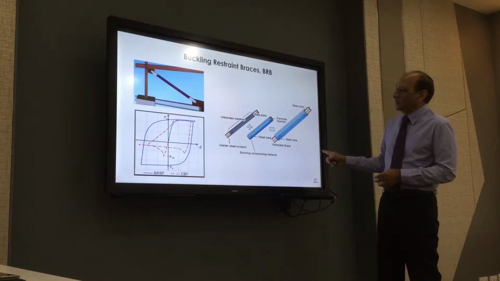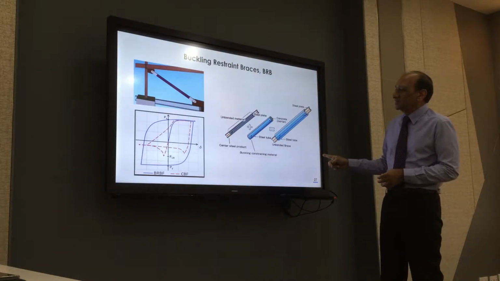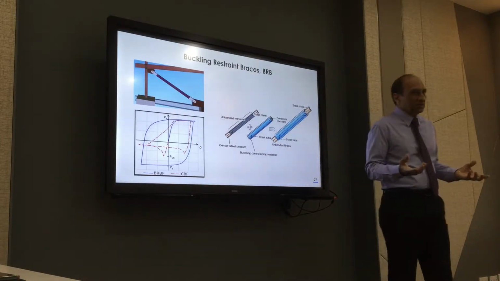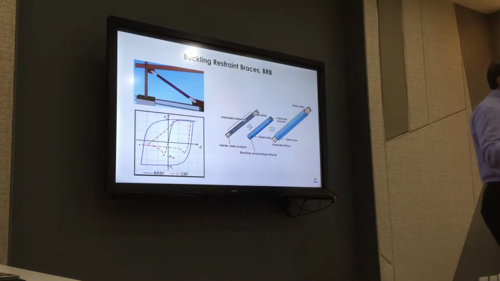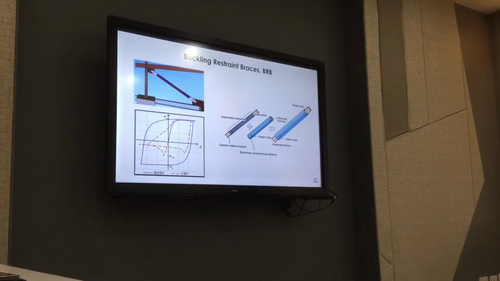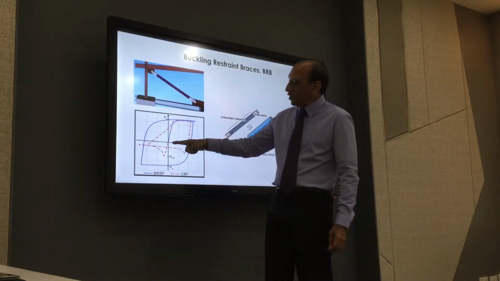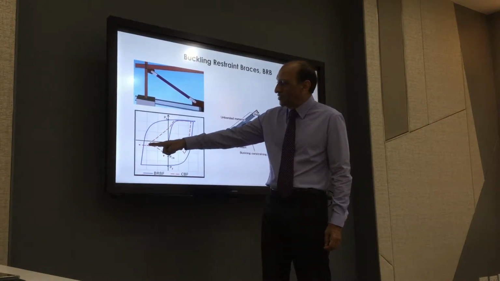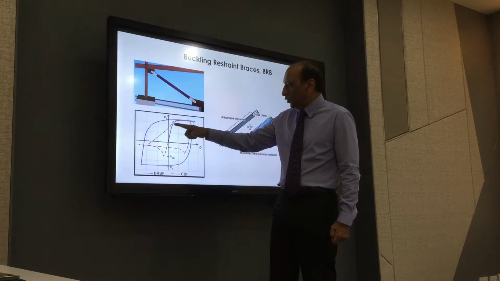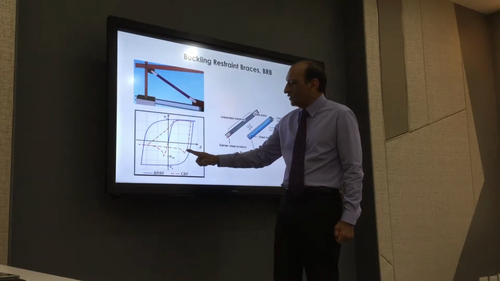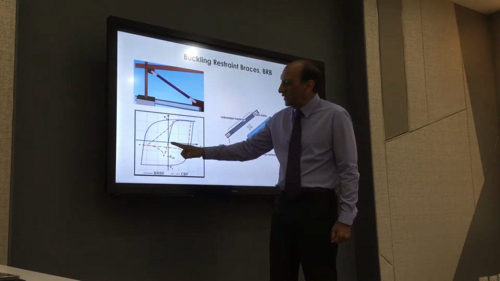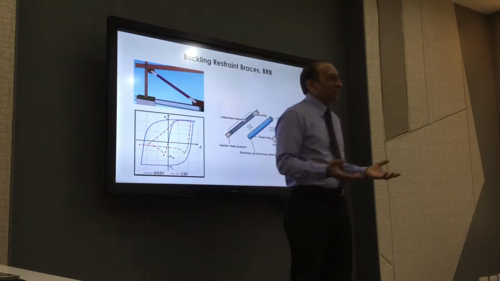BRB, we have talked about it already, buckling restraint braces. These are very special braces which do not buckle, because normally braces buckle. The problem with braces is that when a large compressive force comes, they buckle. If you look at the response of a traditional brace, it is the red line. Once you load it, when the load goes to compression, it will just buckle and lose its capacity.